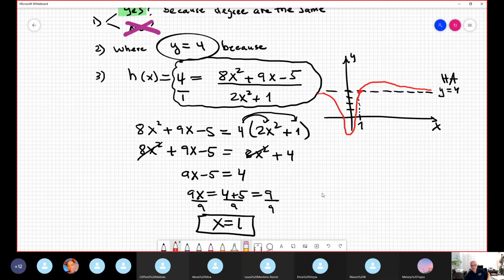This is classical of the horizontal asymptote. Remember, it's the end behavior when x approaches infinity positive, or when x approaches infinity negative, in the opposite direction. But this is an important point. The point is the point 1, 4, because 4 is the value of the horizontal asymptote. That's it.